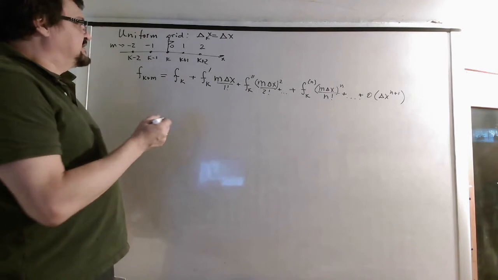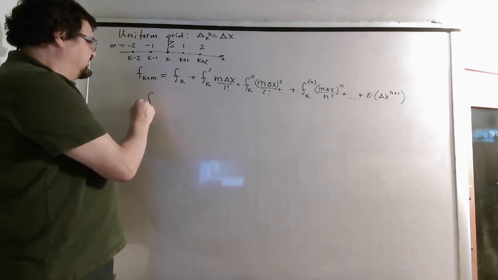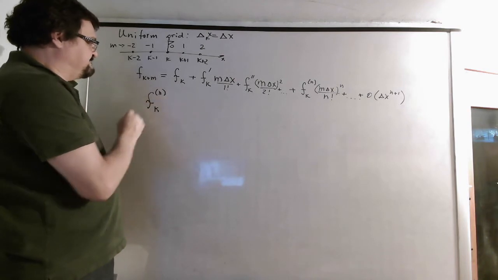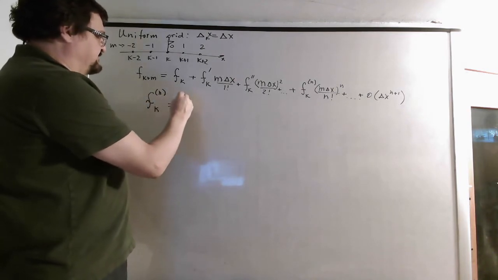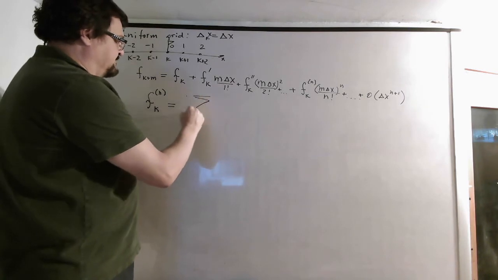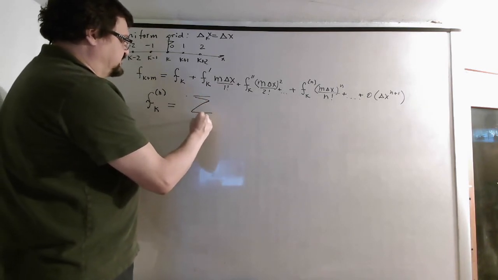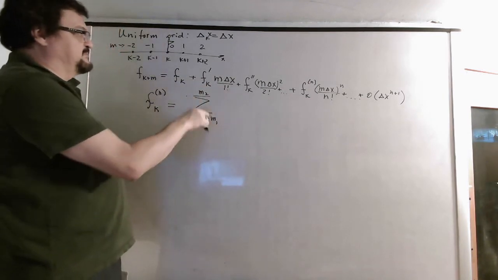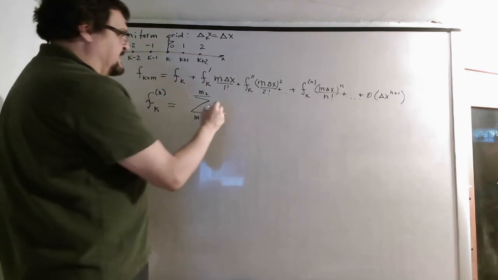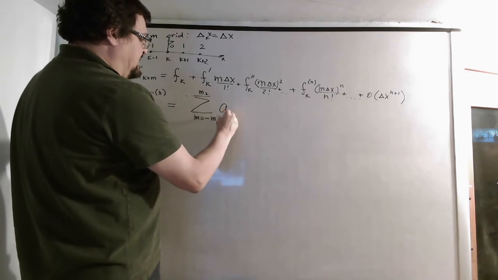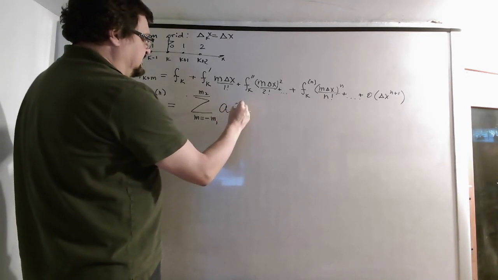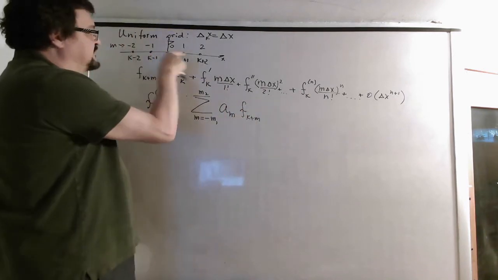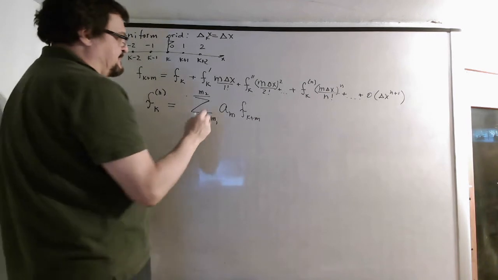Now we seek some nth derivative at the point k in the following form, as a sum from m equals minus m1 to some m2, depending on how many points we use here, of some coefficients a m times f k plus m, so a combination of those values of the function at those points.